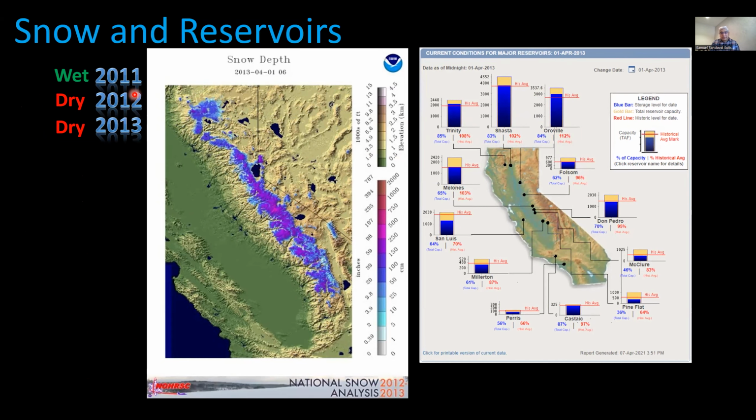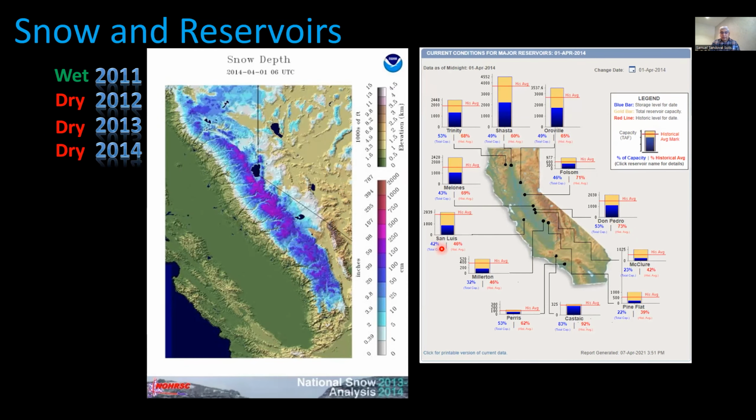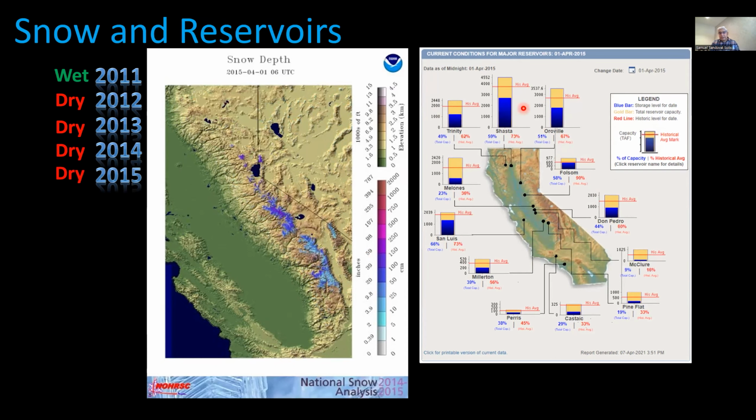And if dry conditions persist, we're going to see reservoirs go down further, and with low storage in reservoirs and small or less than average snow, we can see further depletion, further impact on the reservoirs with low storage.